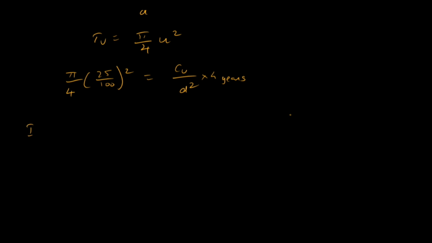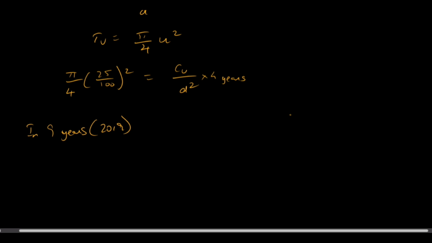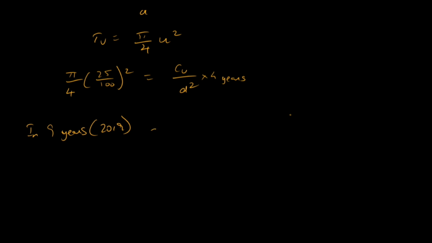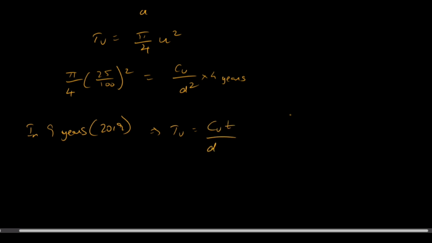So in 9 years, that is at 2019, now we can calculate TV is equal to CV T by D square, which is equal to pi by 4 into U square, 0.25 square divided by 4 into 9 years.